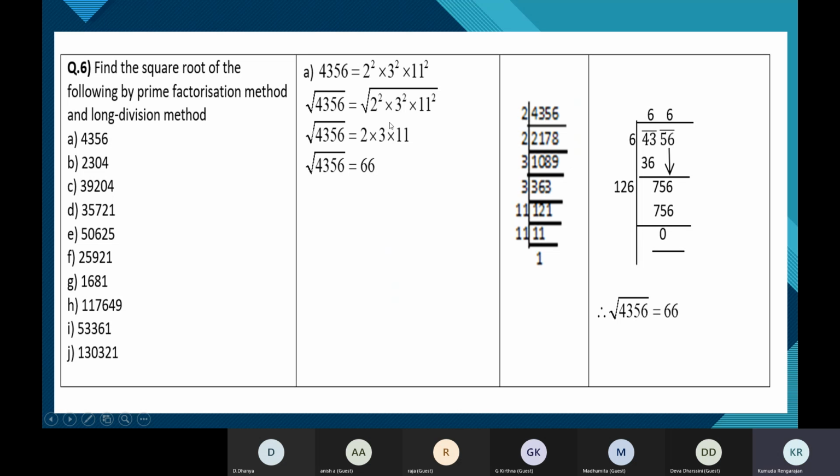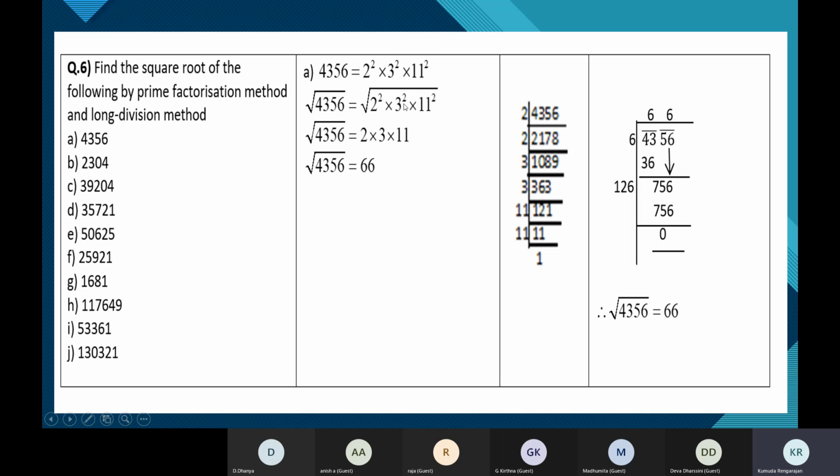Do you all have the steps? Yes, ma'am. So first we need to use this method and find the prime factors of the given number. This is the first step. 4,356 is equal to 2 square into 3 square into 11 square, because we have two 2s, two 3s and two 11s.